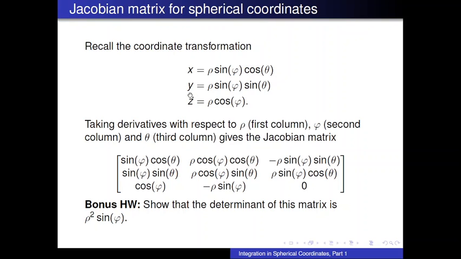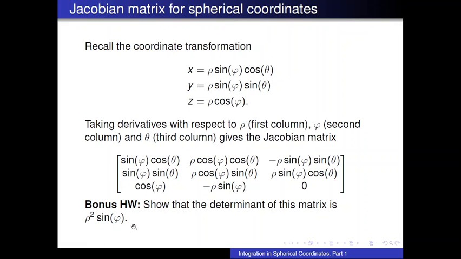Okay, so whenever we do a triple integral using spherical coordinates, pulling back to this rho theta phi space, we're going to have to multiply our integrand by this Jacobian matrix determinant.